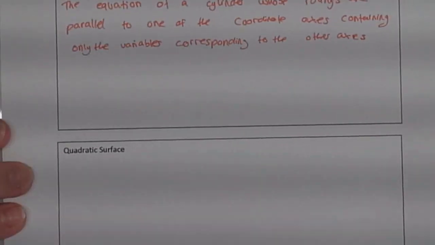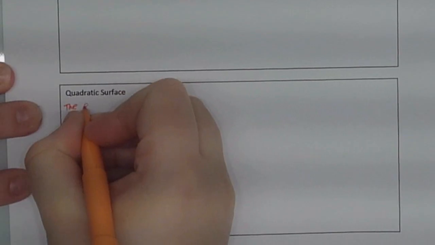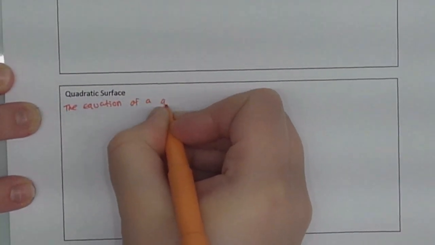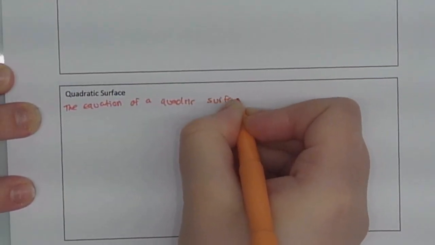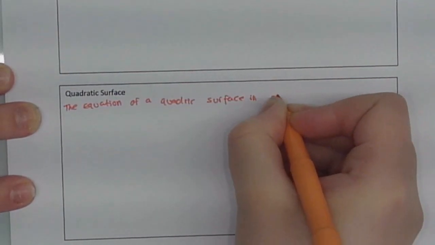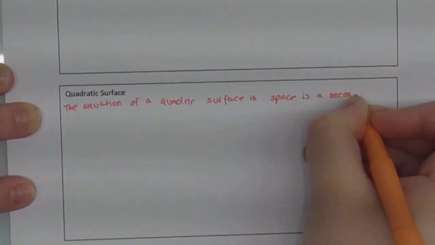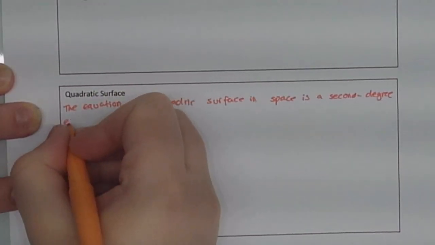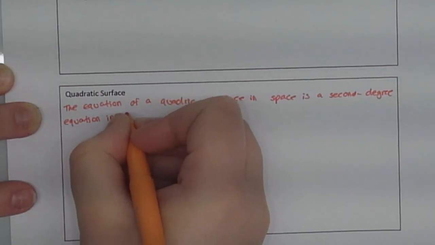Alright, next we've got quadratic surfaces. The equation of a quadratic surface in space is a second degree equation in 3 variables.